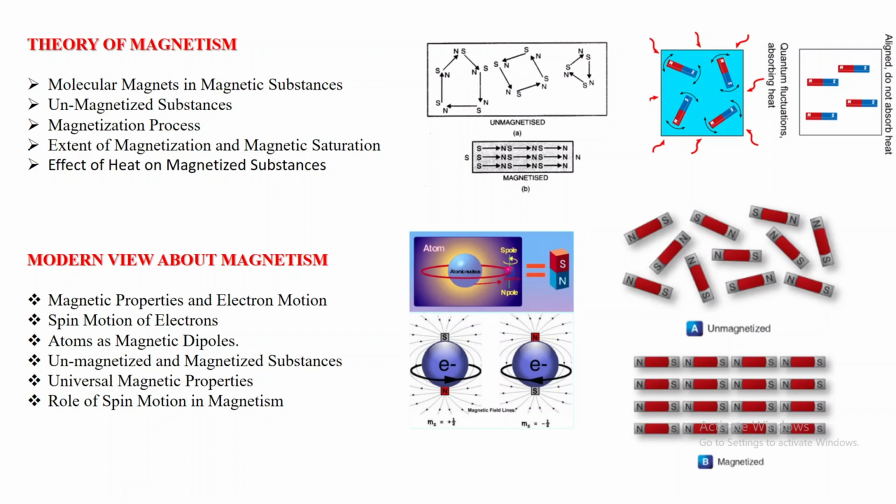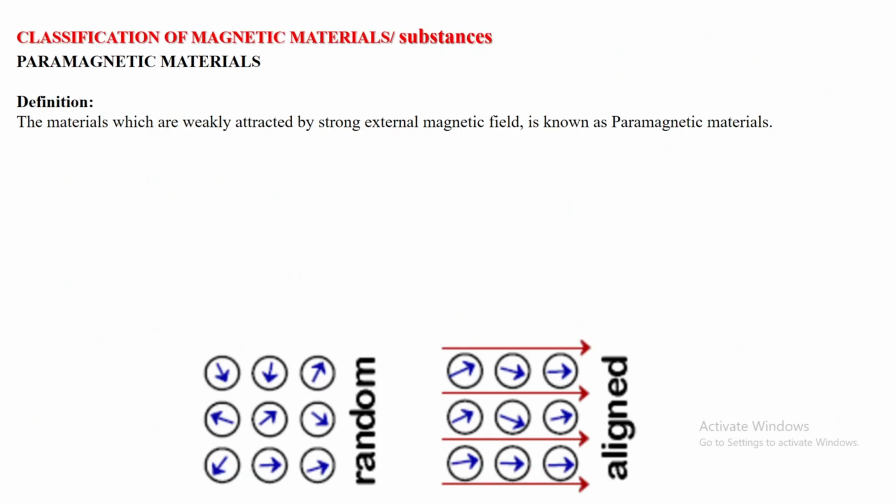The molecules of each material, whether magnetic or non-magnetic, will have a net magnetic field. But in magnetic substances, all the magnetic fields support each other and respond to an external magnetic field, while in unmagnetic materials, the molecular magnets do not support each other. So this was the theory behind magnetism.